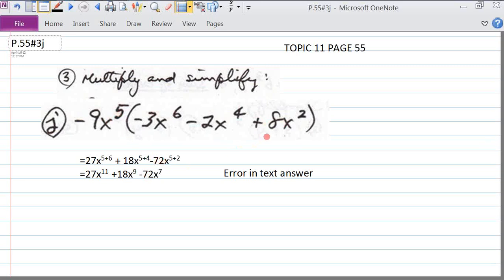And when we multiply the x terms here, we're going to add them, 5 plus 2, so we get x to the 7th. I believe there's an error in the text answer to this. So we get 27x to the 11th plus 18x to the 9th minus 72x to the 7th.